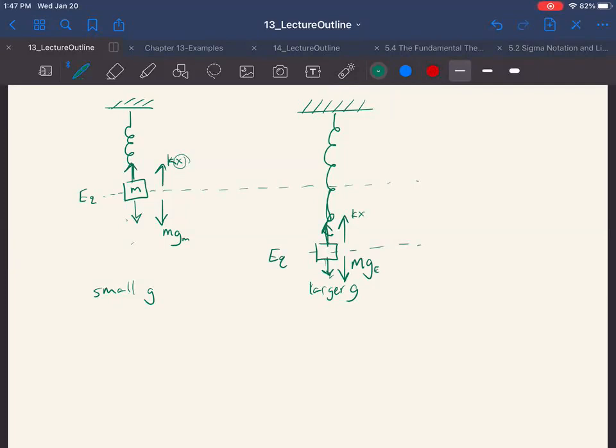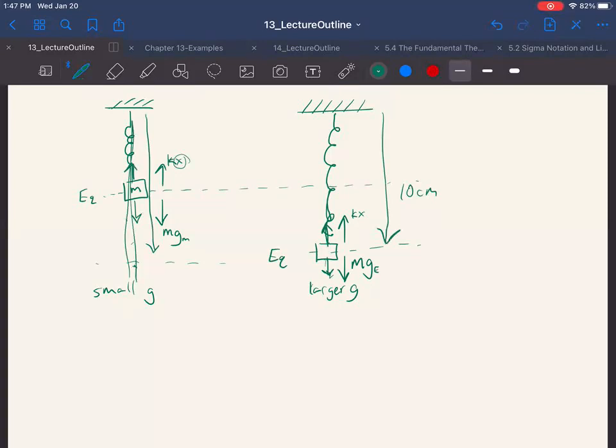Now, let's say this equilibrium position is 10 centimeters from the ceiling. If I take this one and stretch it down to 10 centimeters and let it go, it's going to vibrate. If I put this one at 10 centimeters and let it go, it's going to do nothing, because that's its equilibrium position. So we're only looking at motion from where its equilibrium position is.